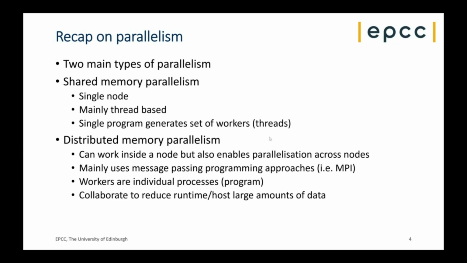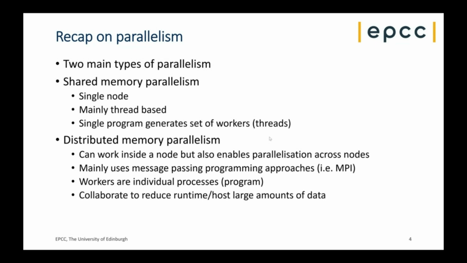In reality, most shared memory parallelism implementations don't perform very well up to that large number of threads, just because of the way the memory's configured and some of the complexities of the hardware. So generally, you're looking at up to about 64 cores for reasonable performance. So it's easy to program, but it's small-scale parallelism.